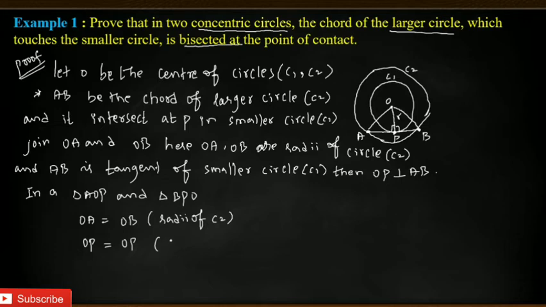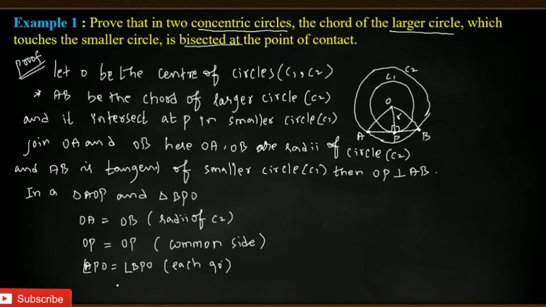Just write common side. And then we have the 90 degree angles, angle APO is equal to angle BPO, each 90 degrees. Understand, children? That is what I'm writing here.